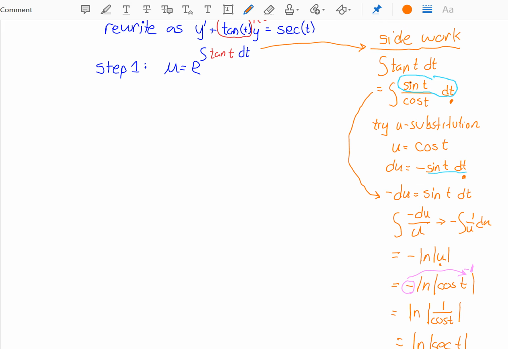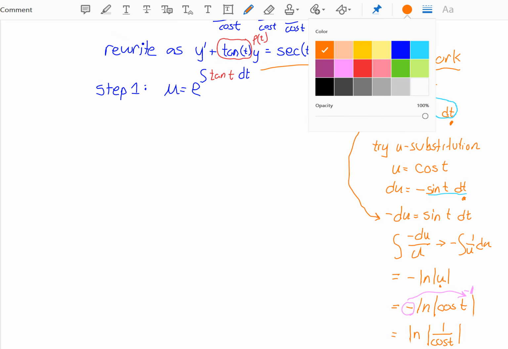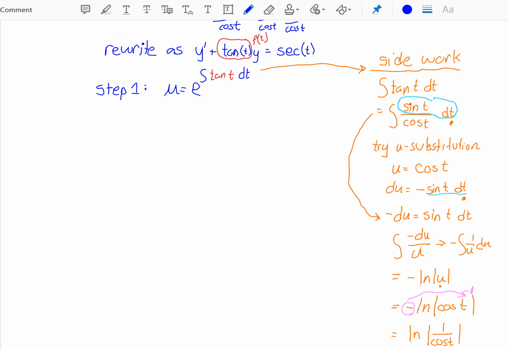Now, if we insert this back into our original problem that we were working on, where we're looking for our integrating factor, this now lets us write the integrating factor as e to the natural log of the absolute value of the secant of t.